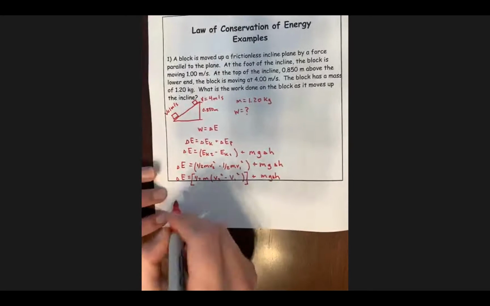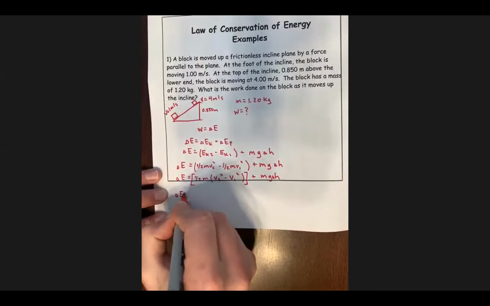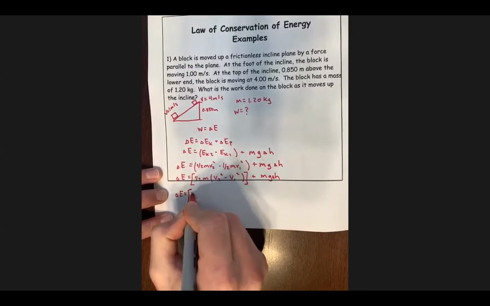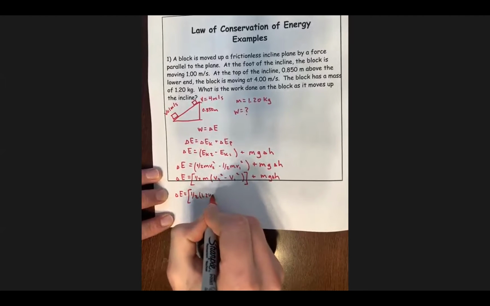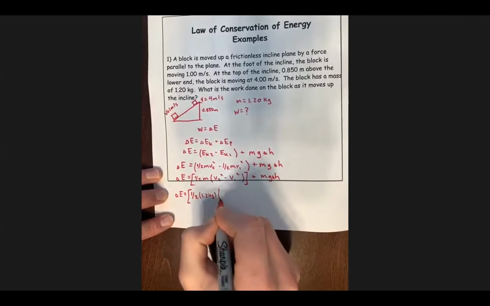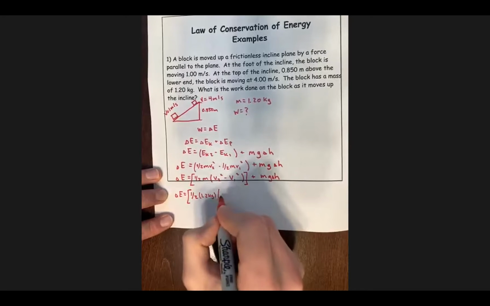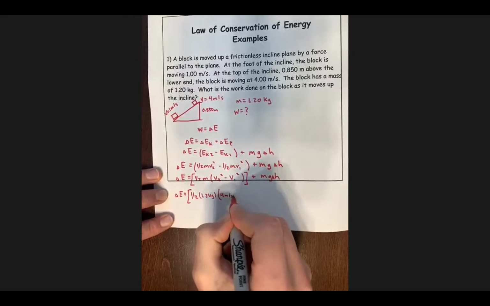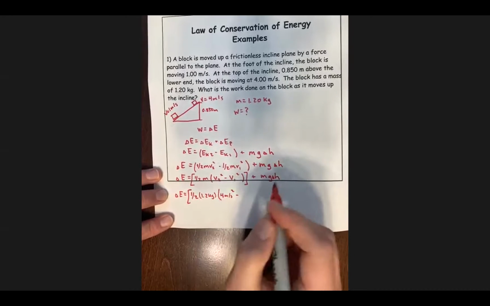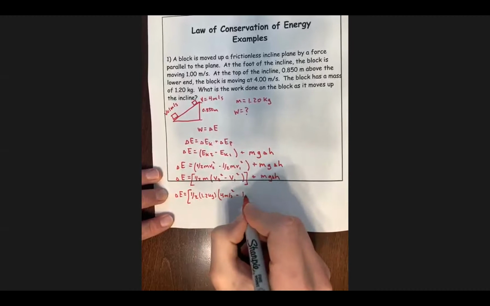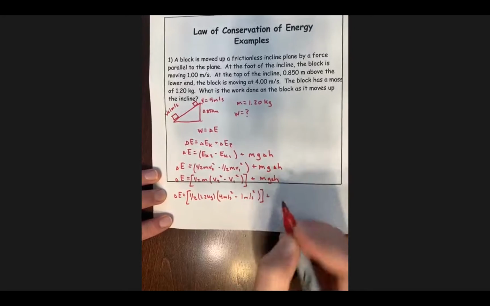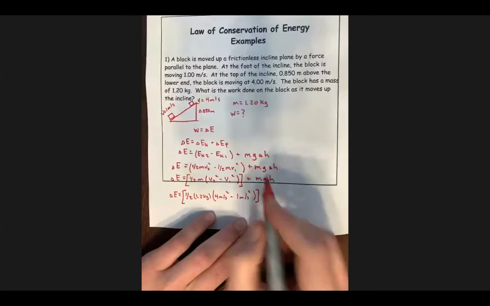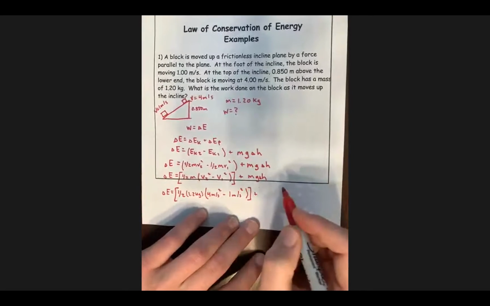We will get the change in energy is equal to 1/2, our mass is 1.2 kilograms, multiplied by our final velocity, 4 meters per second squared, minus our initial velocity, 1 meter per second squared. Close off that big bracket, plus the change in potential energy.